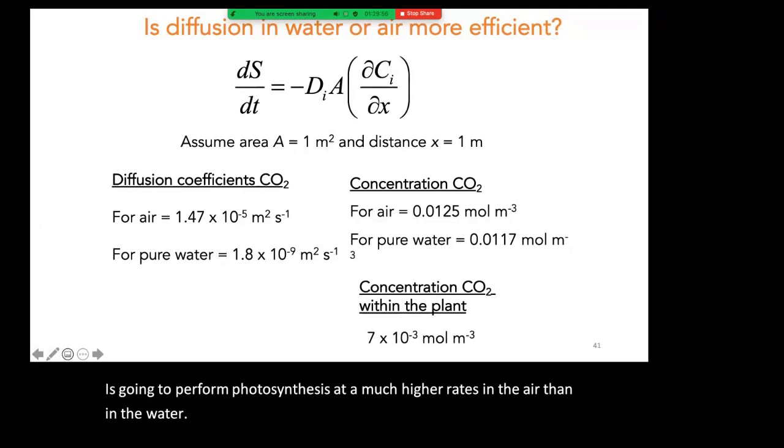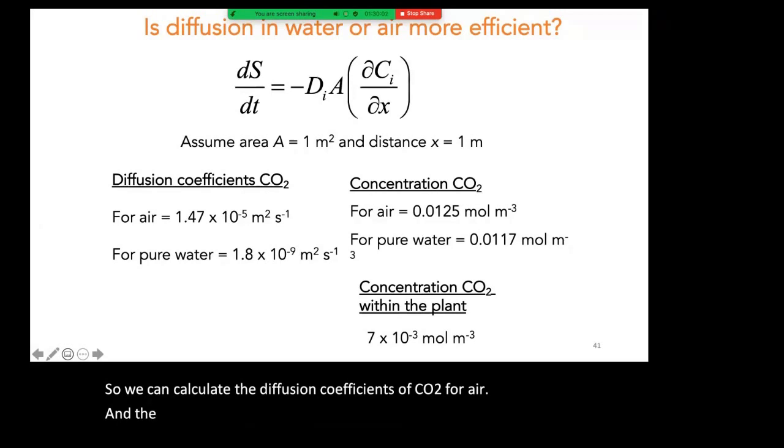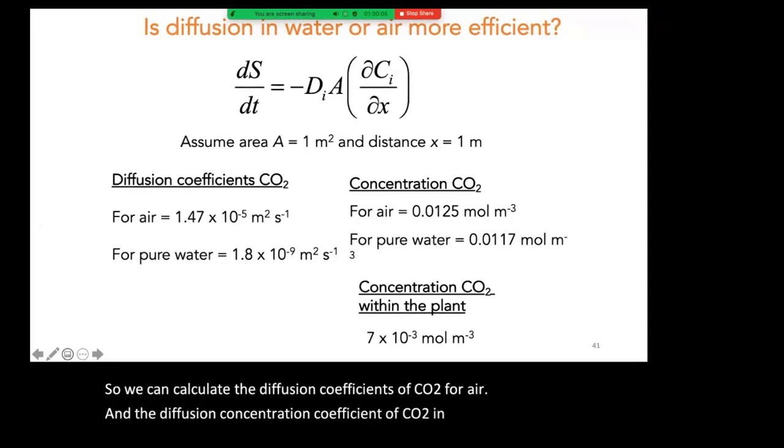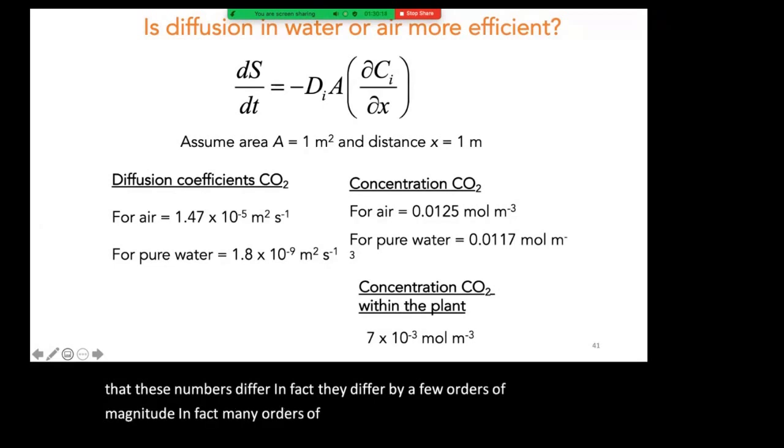We can calculate the diffusion coefficient of CO2 for air and the diffusion coefficient of CO2 in pure water. Notice that these numbers differ. In fact, they differ by many orders of magnitude. Huge difference.